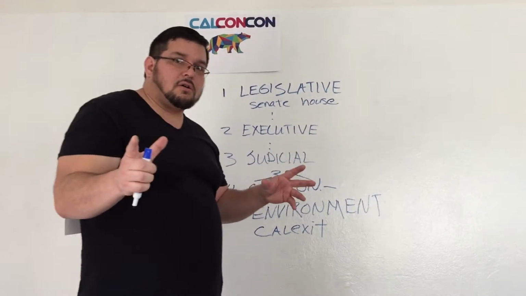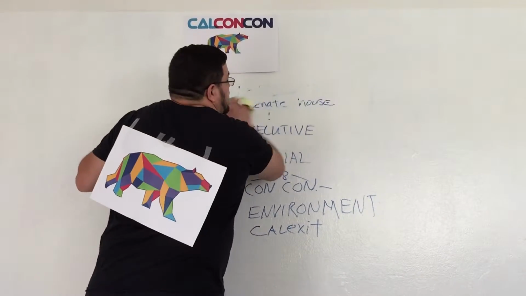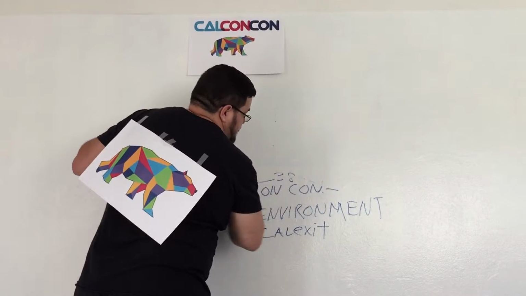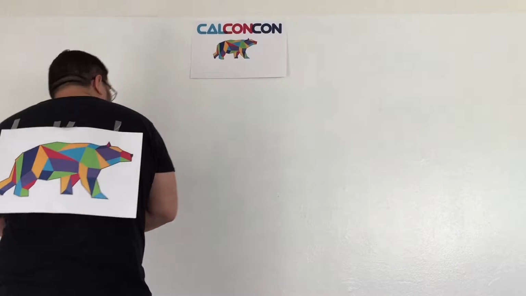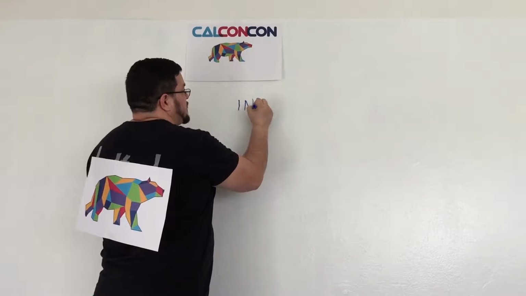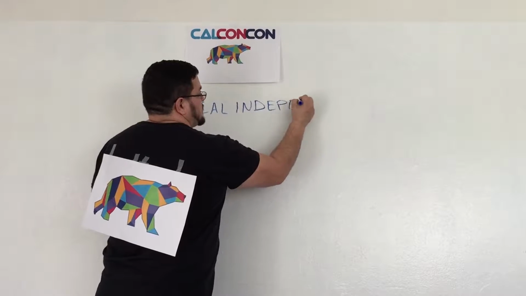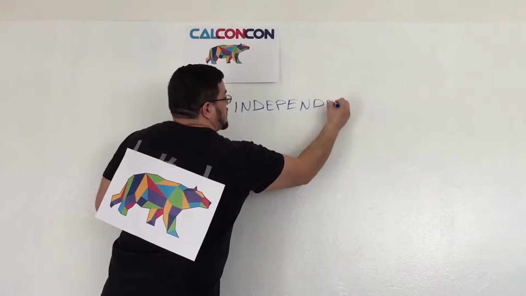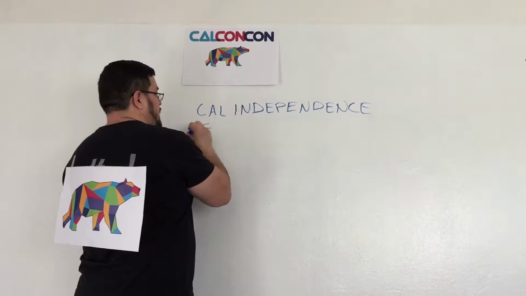Now here's why CalConCon is doing this, and how does that relate to the Cal Exit movement? Well, good question. There is already an initiative for independence, or what we call Cal Independence, filed right now already.